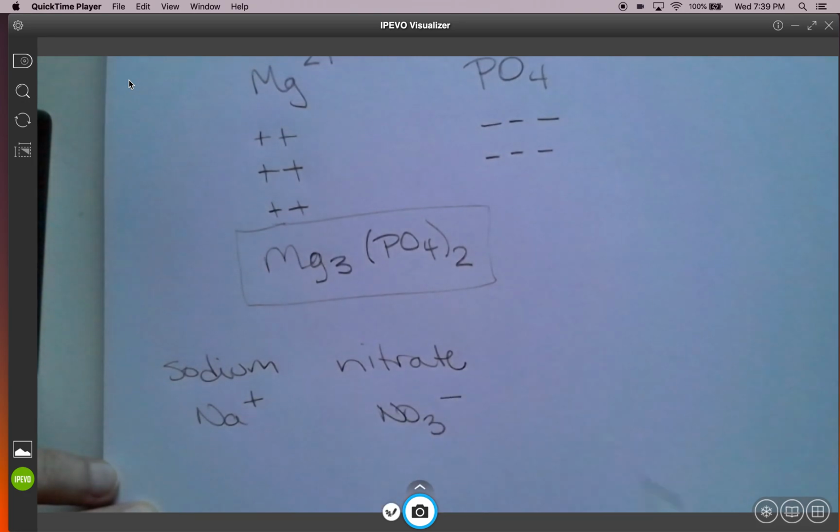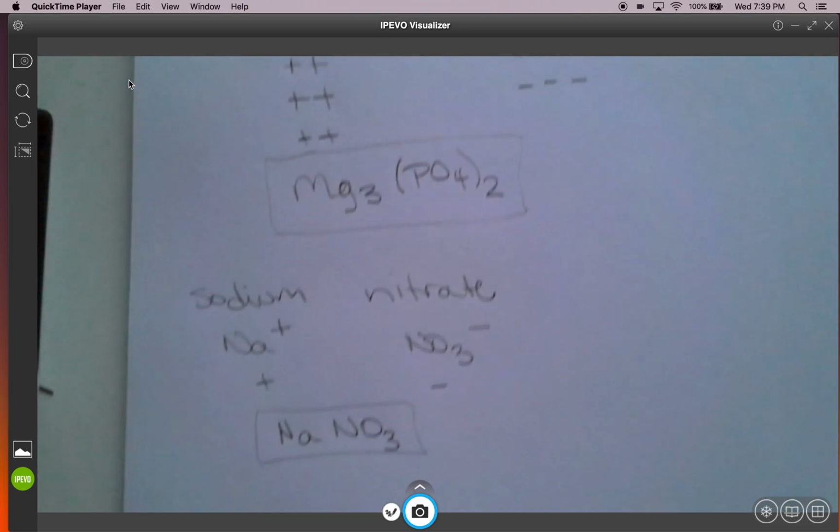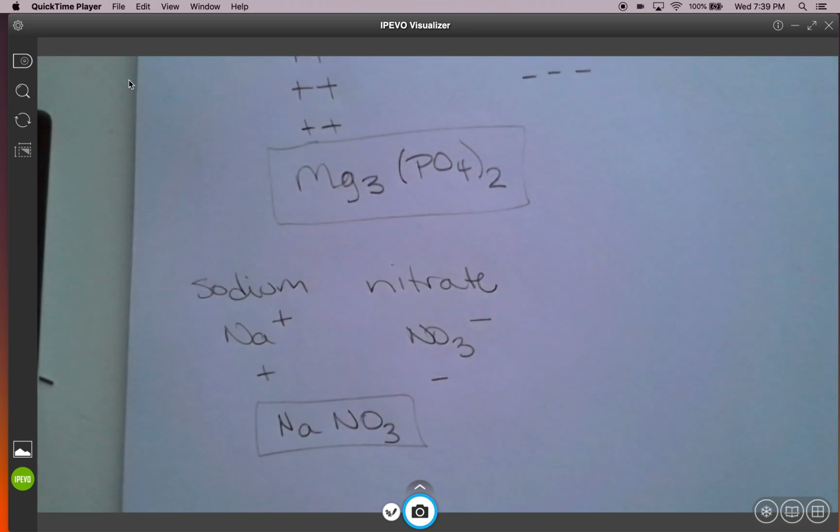Nitrate, I'll let you look that up on your own. Here, that's actually neutral right there. You don't have to do anything to it. A single sodium will balance with a single nitrate. That is a full formula also. If there's only a single polyatomic, you do not need parentheses.